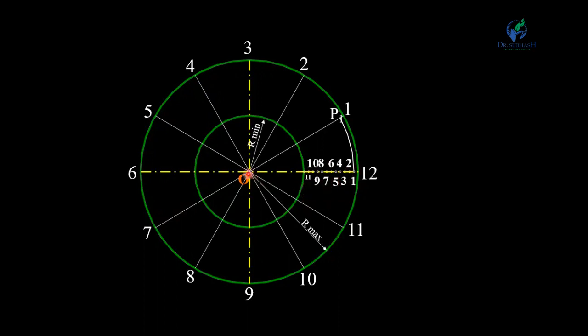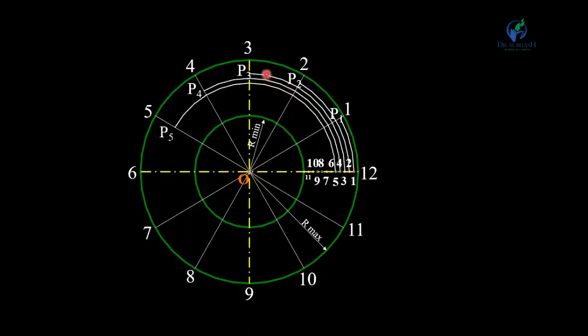Okay. Now this O as a center and radius equal to O1 and draw a circle up to the line O1. So this intersection point is P1. Now O as a center, radius O2, and draw a circle, you will get the point P2.